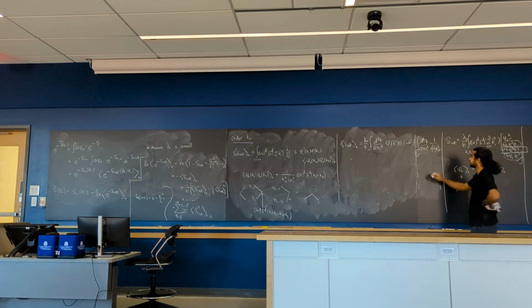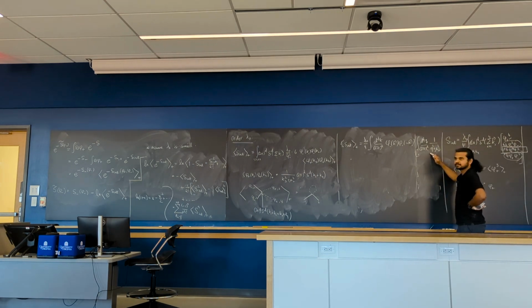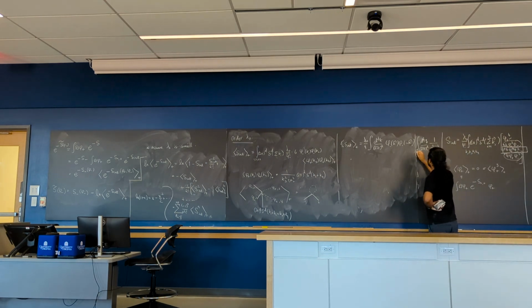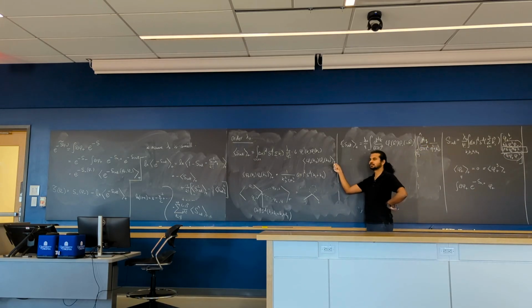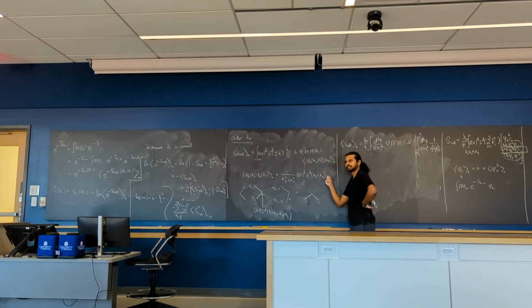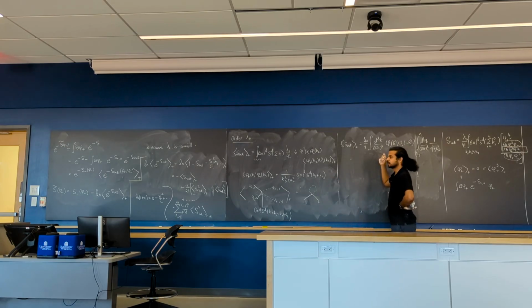And recall that this integral is from lambda by zeta to lambda. Why is that? Because this expectation value precisely does that. There is a theta function sitting here too, that restricts momenta to this range. Why?